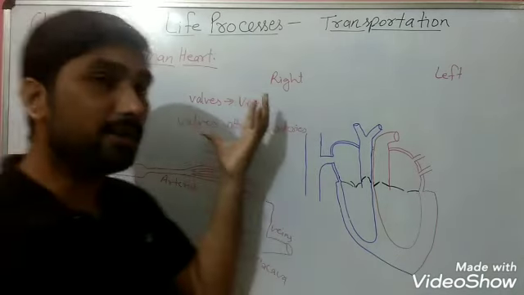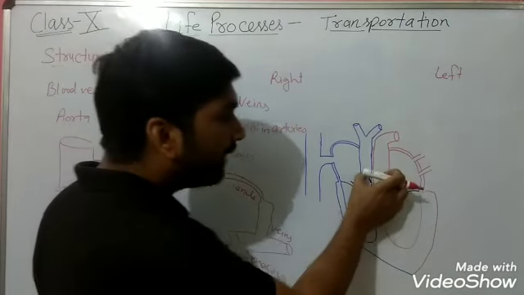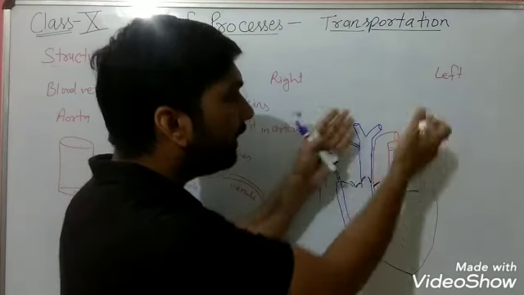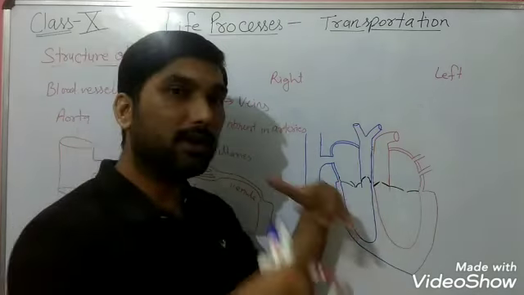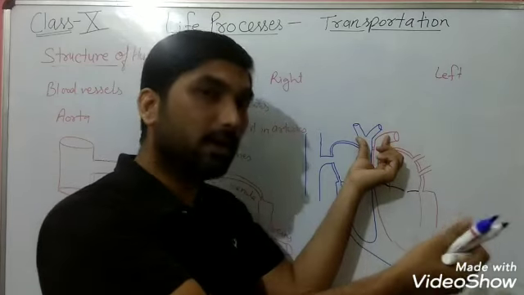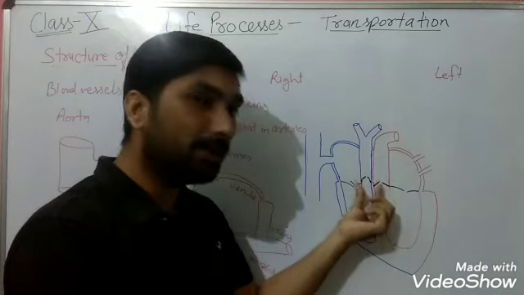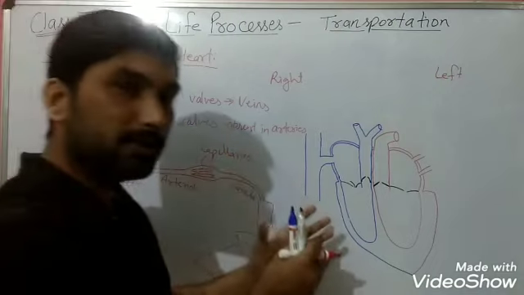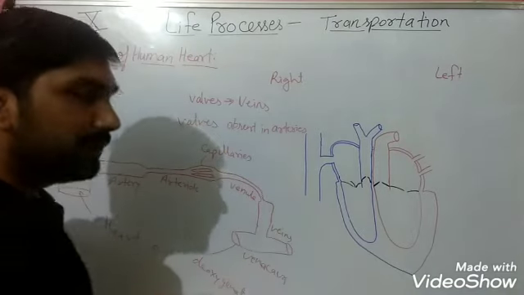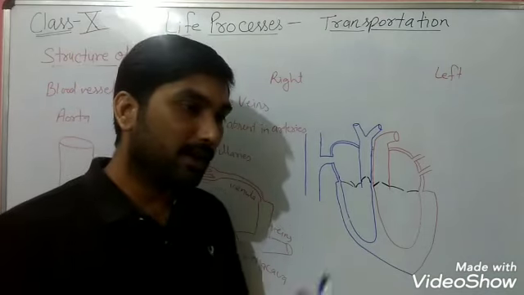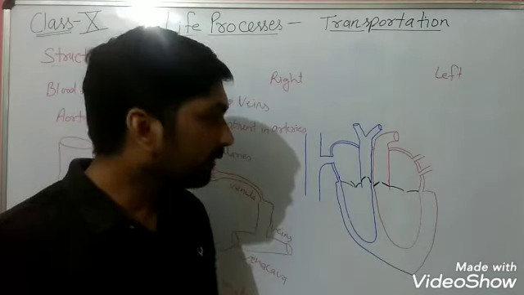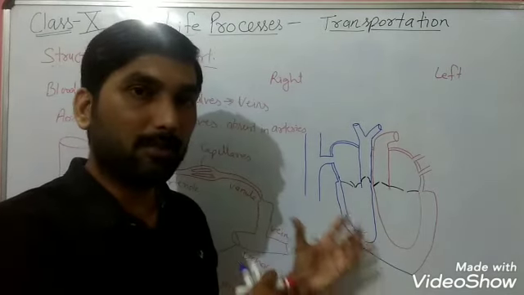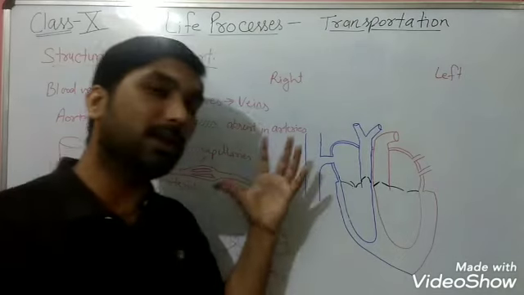So again you can get an idea that in the arteries, valves are already present in the heart, so there is no need for further valves after the arteries leave the heart, because the valves are already present at the beginning. So arteries do not possess valves in between, but these veins, since they are coming from the body parts and the pressure is very low, possess valves so that the blood cannot flow back to the other body organs from where they are receiving the blood.